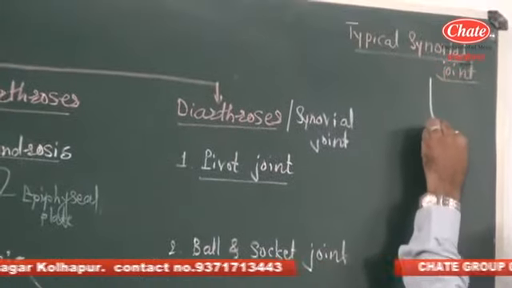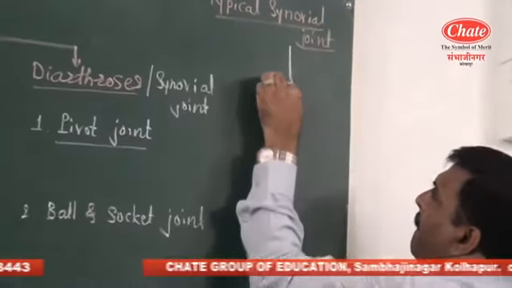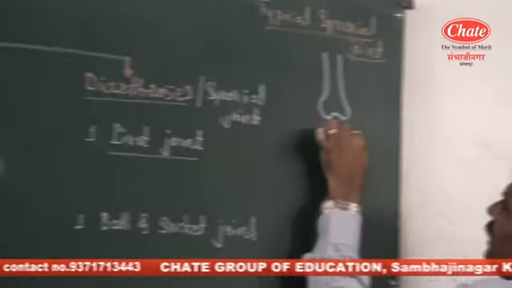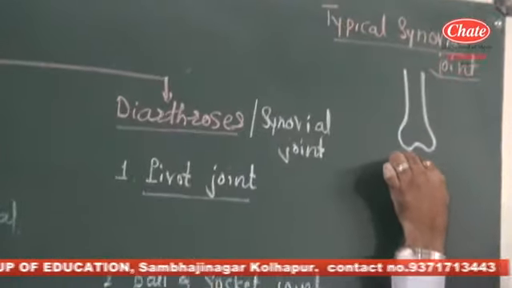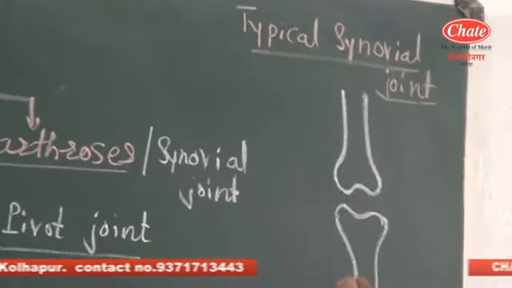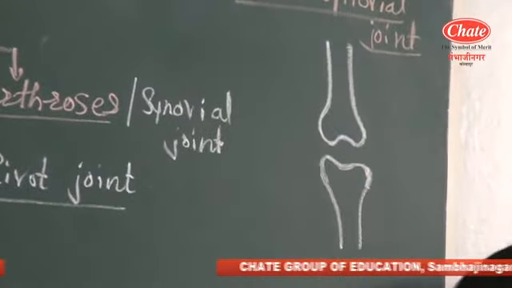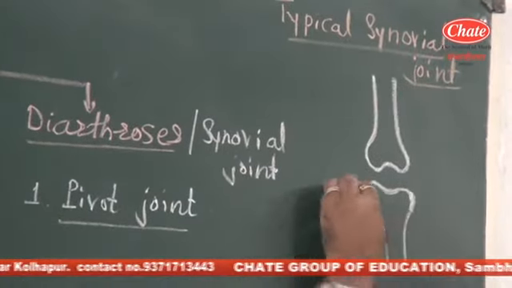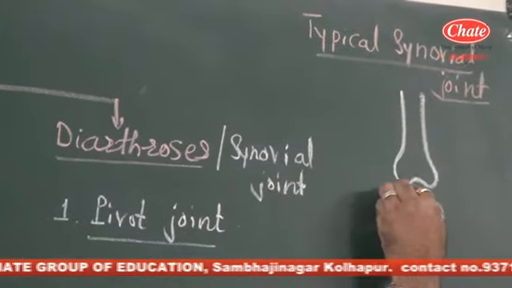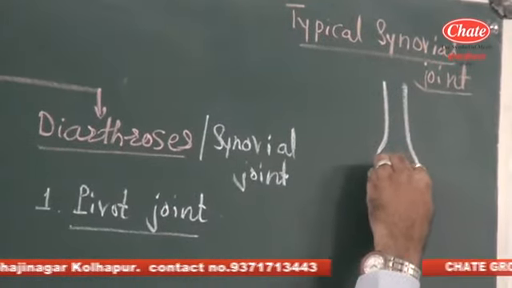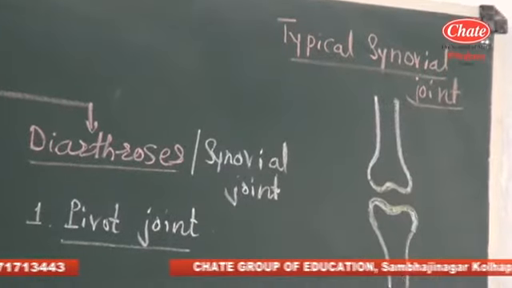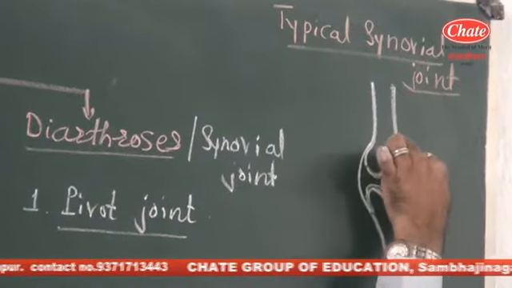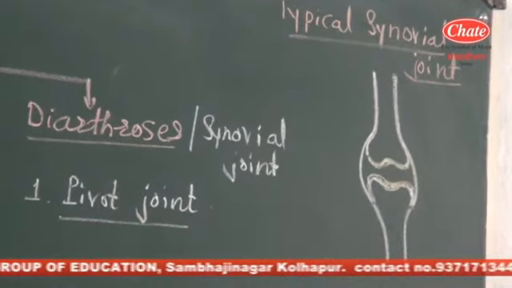Suppose this is one articulating bone, and this is the second articulating bone. Each articulating bone has its articulating surface, made up of hyaline cartilage. These articulating bones are connected with each other by a synovial membrane.